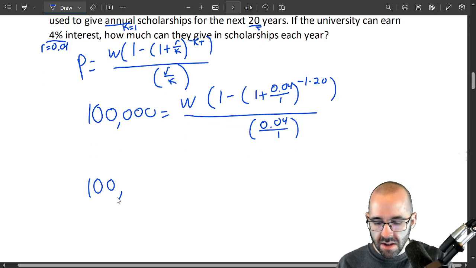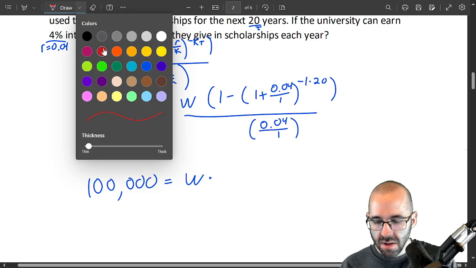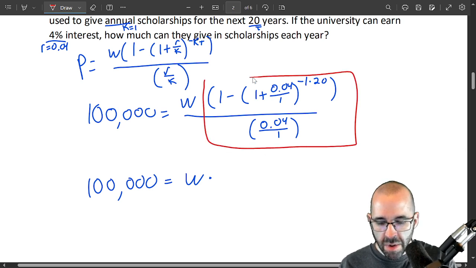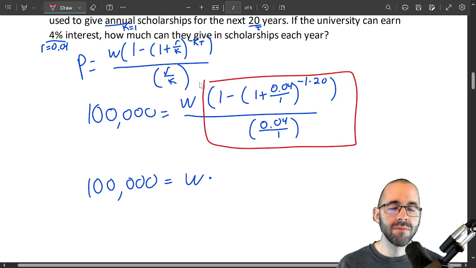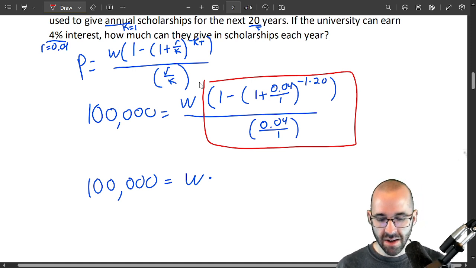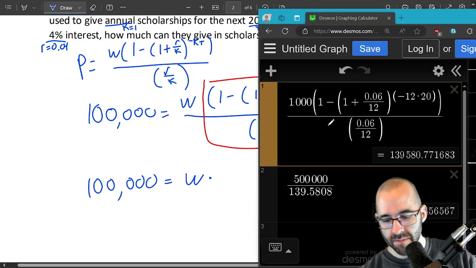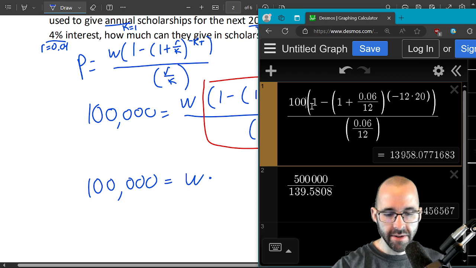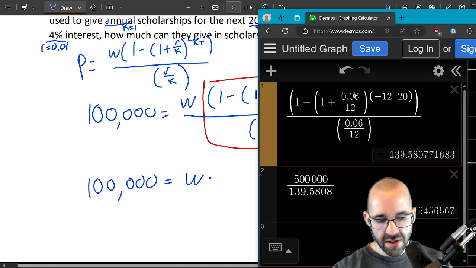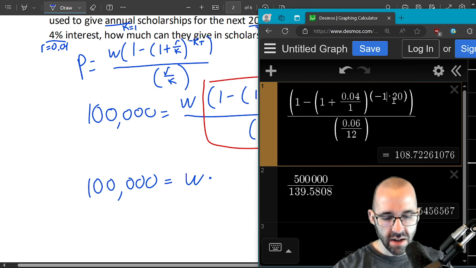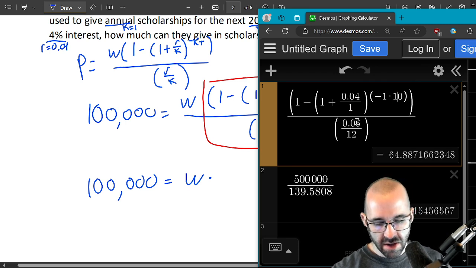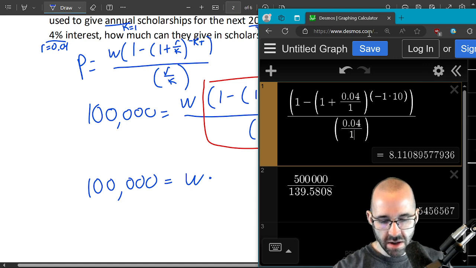But all this is saying is 100,000 is W times this big red box, just the number. Let's find out what this number is. If we go over here, it's 1 minus 1 plus 0.04 divided by 1, to the negative 1 times 20, over 0.04 over 1.